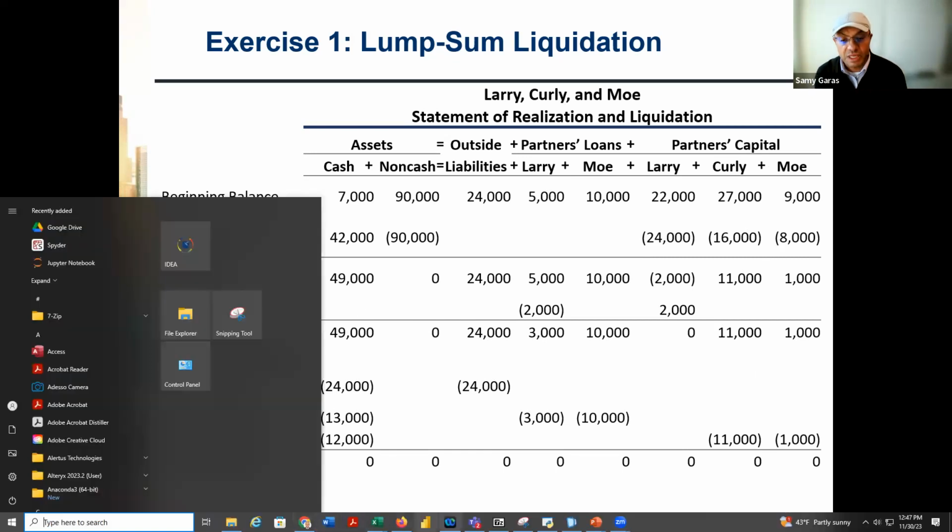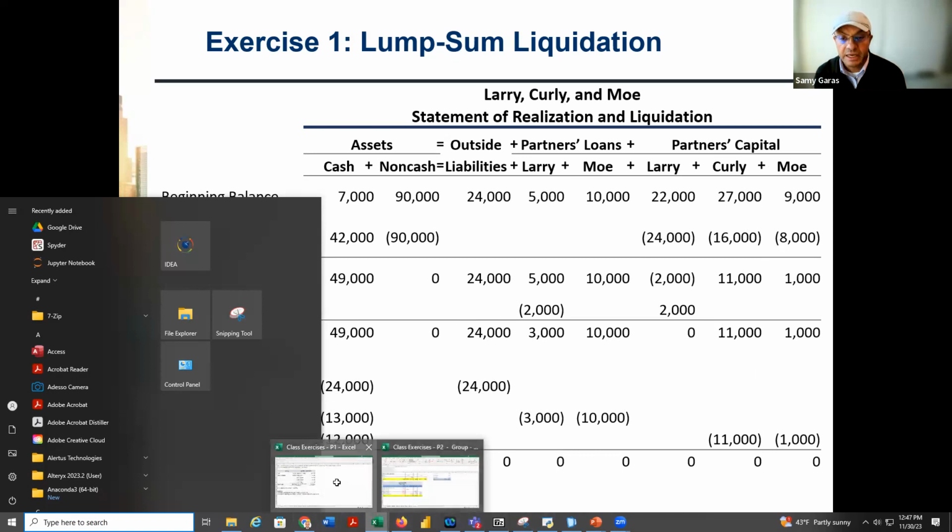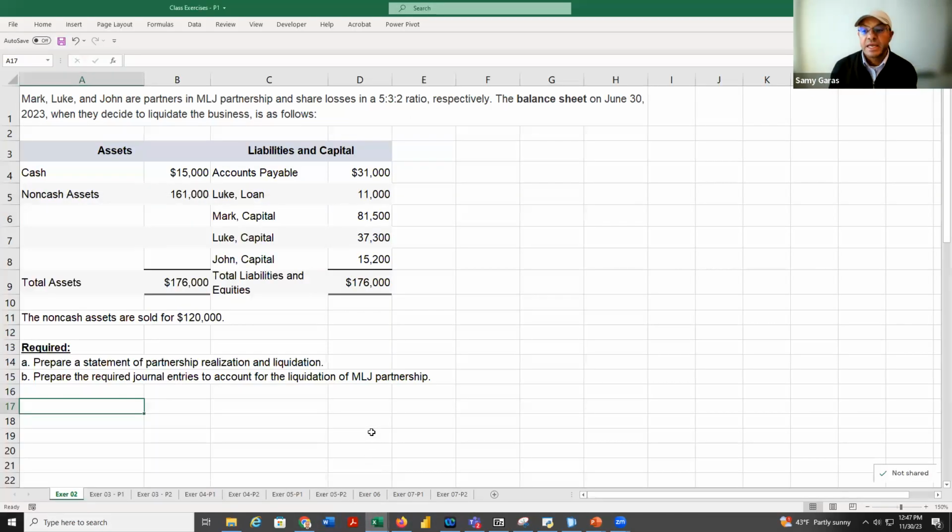Now, let us go to the Excel file, which you will see on the bright space. In this file, as you can see here, there are 6 different examples. I did the first example in the presentation, so here I start from exercise 2.